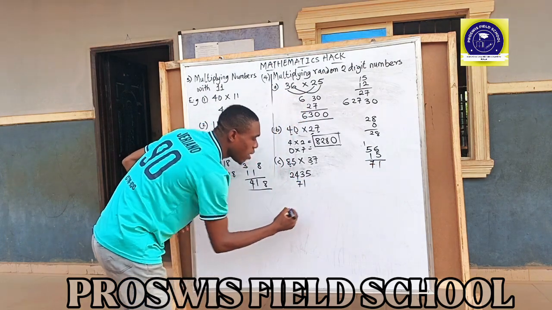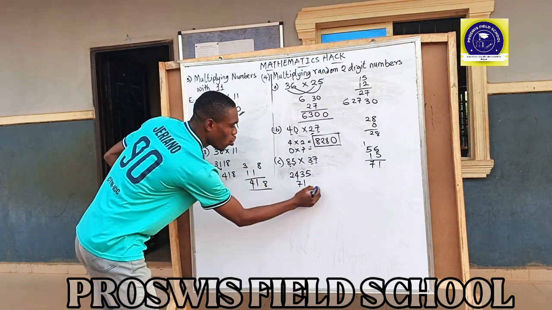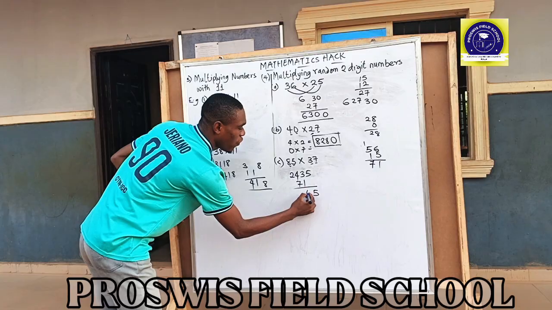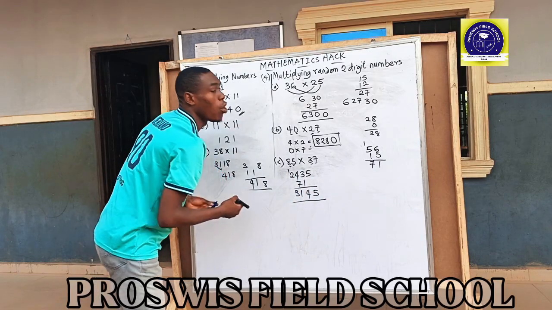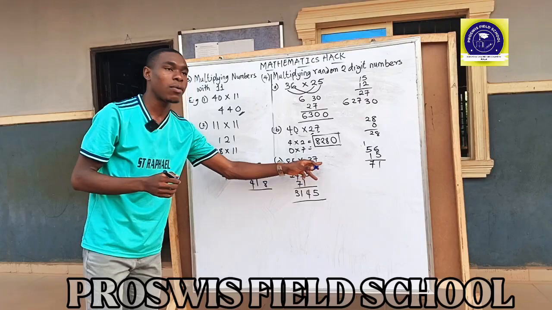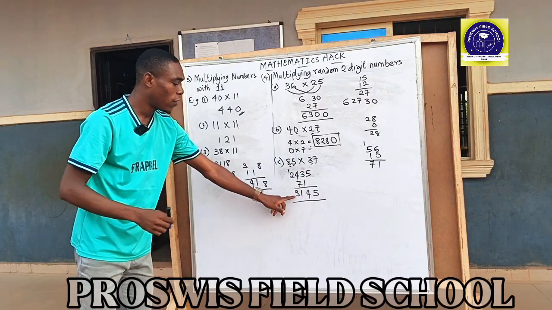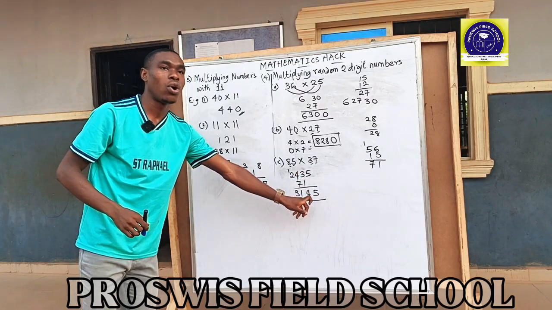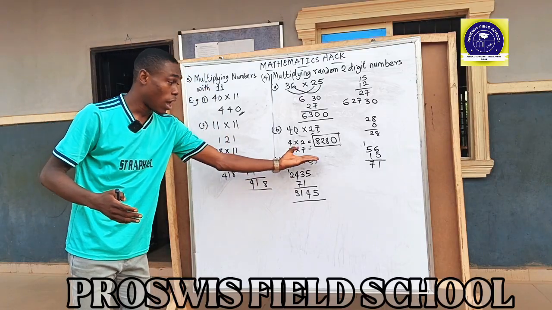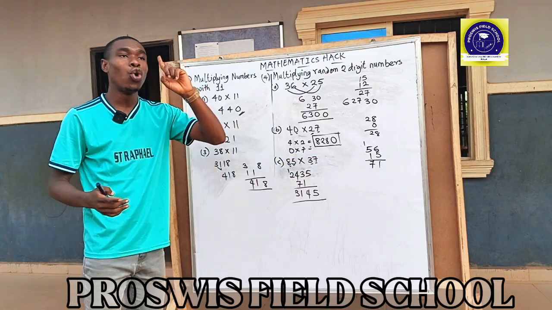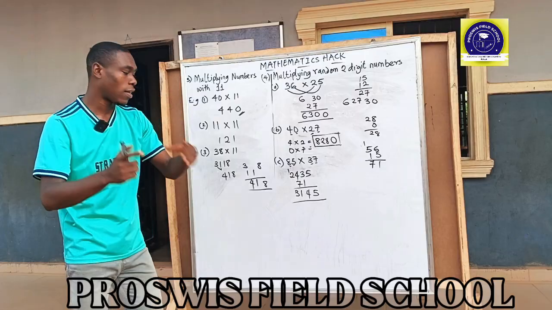Drop the 7 in between. Then you do your what? Addition. You're having 5, 4, 1 raised to the power of 1, 3, and this becomes your answer. So 85 times 37 gives you 3,145.